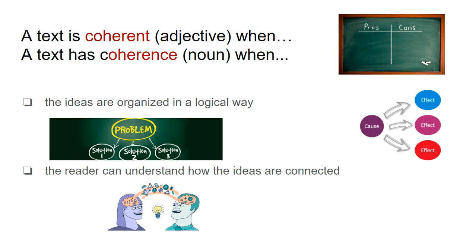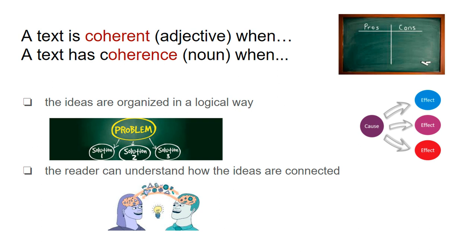Secondly, a text is coherent when the reader can understand how the ideas are connected. So if you're the writer and you organize your writing in a logical way, that's wonderful. But it's no good if the reader can't understand how you've organized it, if they can't make sense of your thinking.